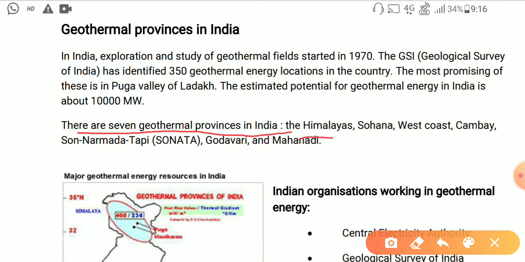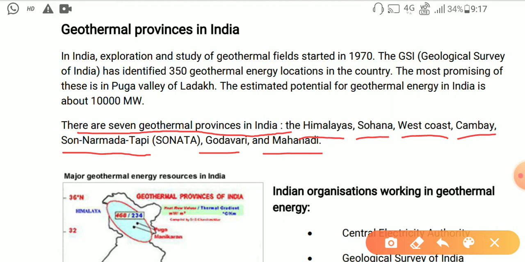One is the Himalayas, second one is the Sohana, West Coast, Cambay, also named as Sone Narmada Tapti, also named as Sonata, and Godavari and Mahanadi. These are the 7 places for India.